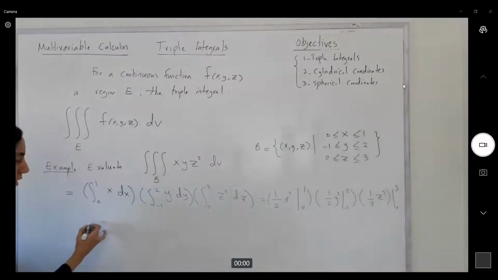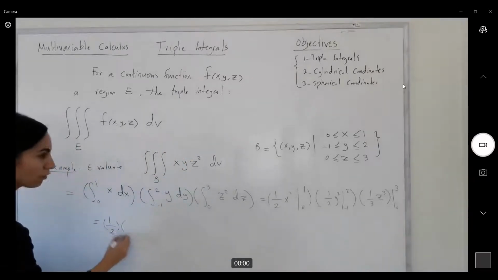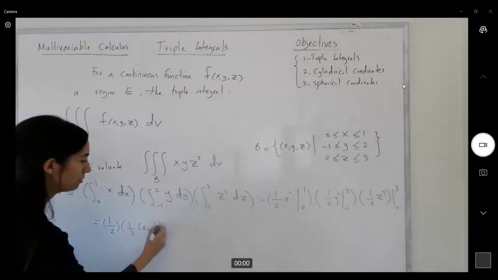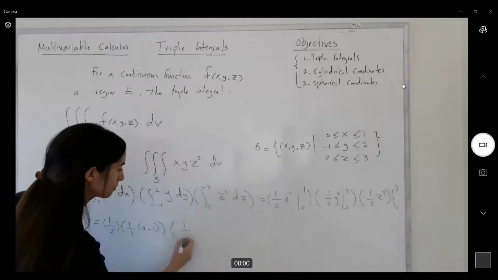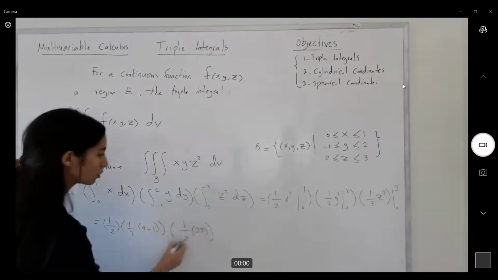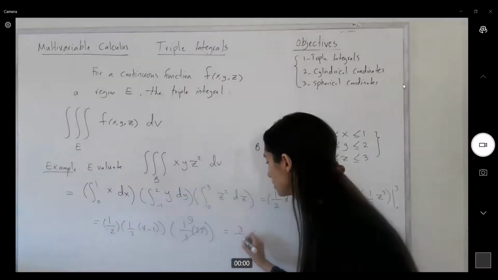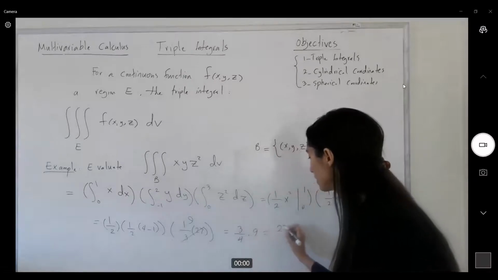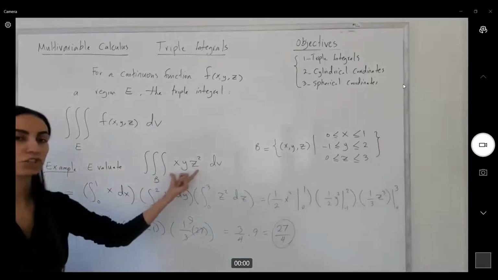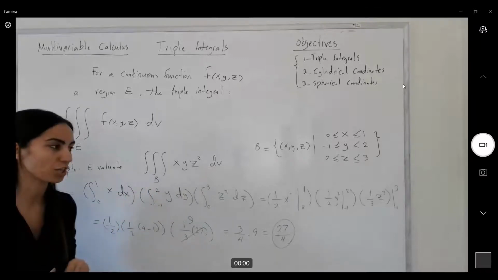Let's calculate each of these separately. For the first integral, we only have a half. For the second integral, we have a half times 4 minus 1, which is 3/2, times a third times 27, which is 9. So this is going to be 3/4 times 9, 27 over 4. This is the integral of this function x y z squared over this box, or this region in space.